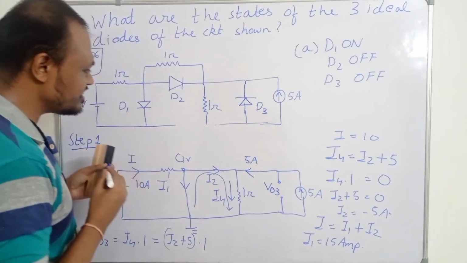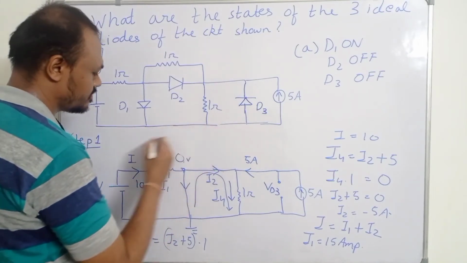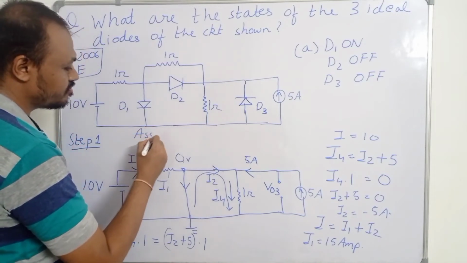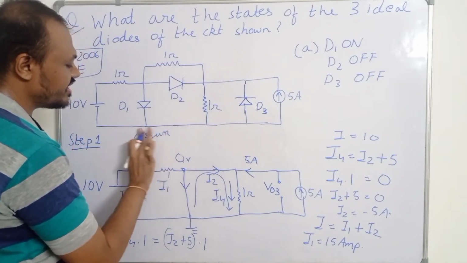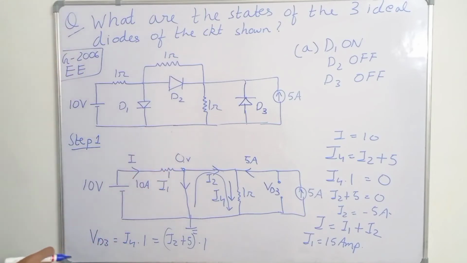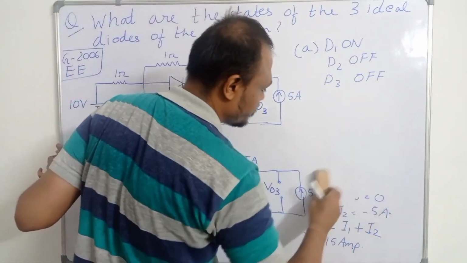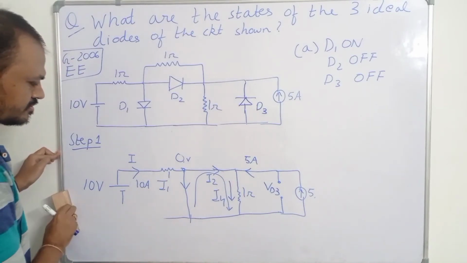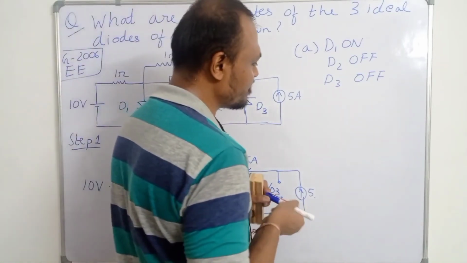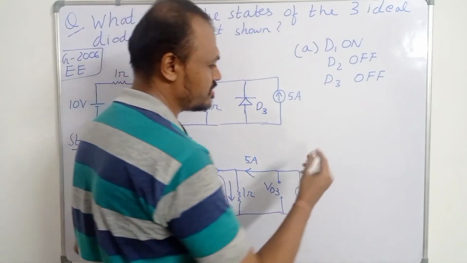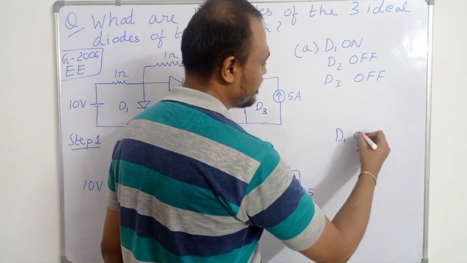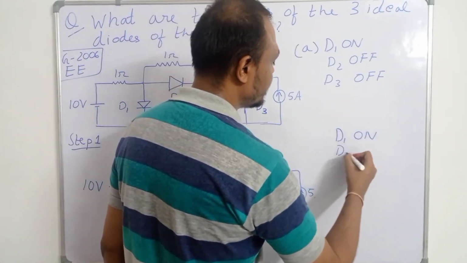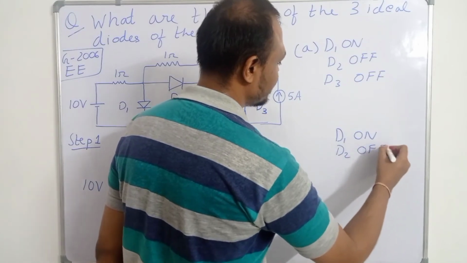What we are assuming now is that D1 is on and D2 is off, and obviously D3 is off.